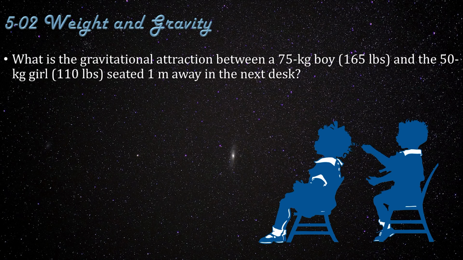So what is the gravitational attraction between a 75-kilogram boy and the 50-kilogram girl that's seated 1 meter away at the next desk? All right, so the force of gravity is GMM over R squared. G is 6.673 times 10 to the negative 11 Newton meter squared per kilogram squared.